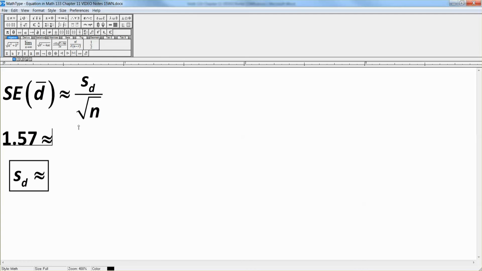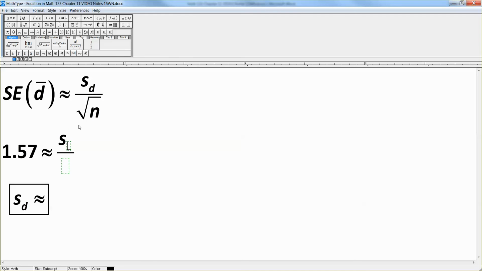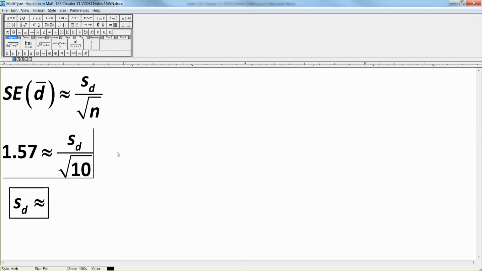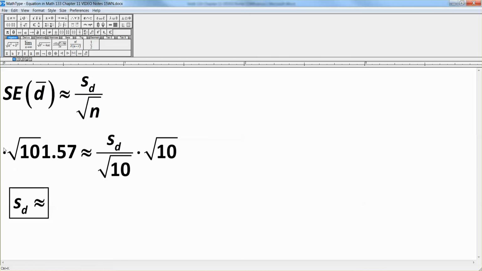And we're looking for SD, so we don't know what that is. But we do know the denominator is the square root of 10, because we know that n is 10. So all you have to do is multiply both sides by the square root of 10. And of course, if you do it to the left, you have to do it to the right to keep everything fair and balanced.